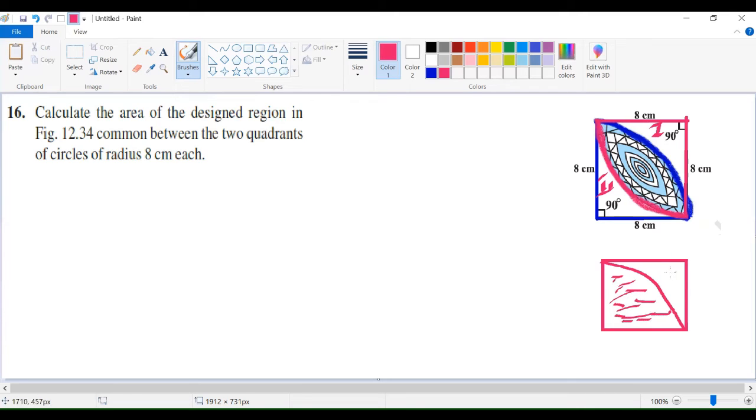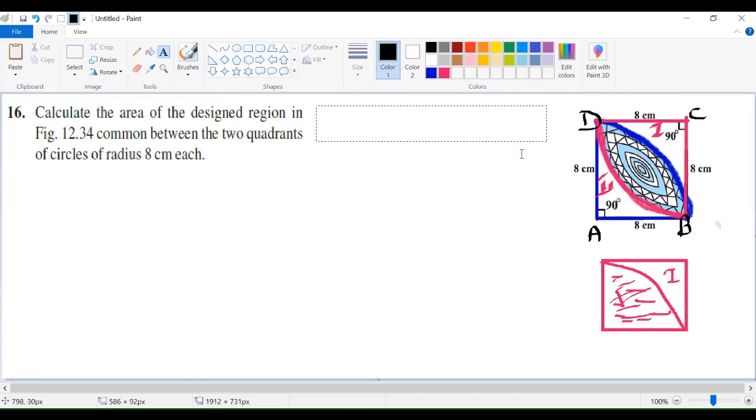And we need to find the area of this part. What you can do? You can find the area of this entire square, and from that you subtract the area of this quadrant. So you will get the area of this part 1. So that is what we are going to do. So let me name it. This is A, E, C, D.